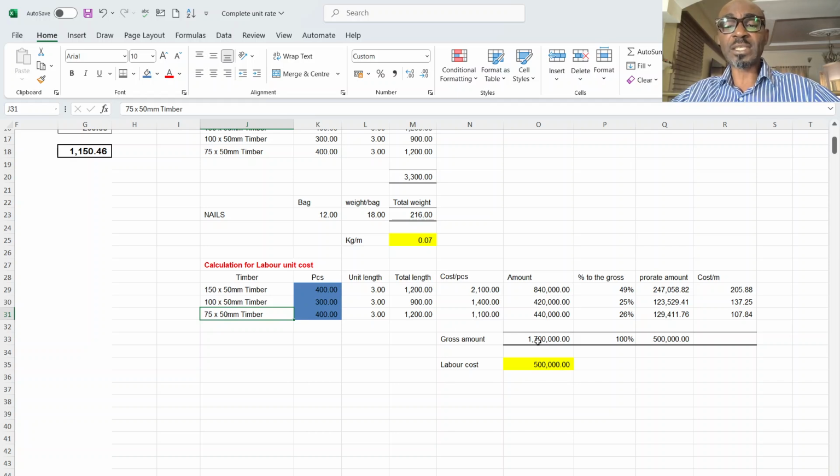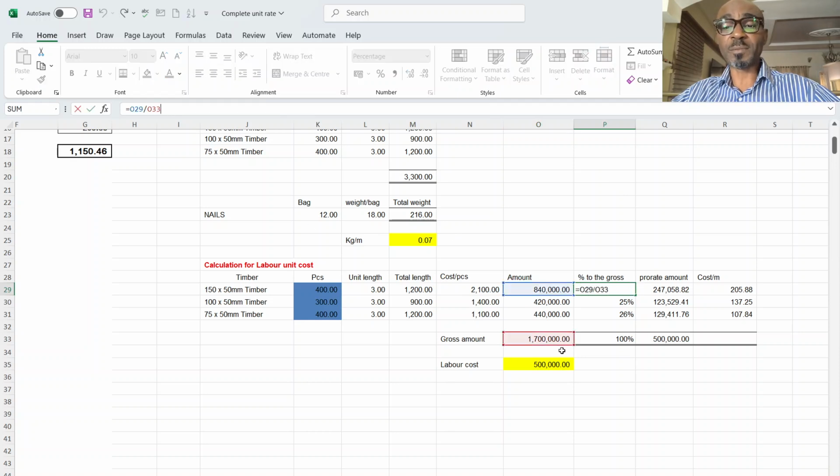So I got the percentage each of these amounts represents to the gross amount. So I have 49, 25, and 26 to give me the 100% of this amount.